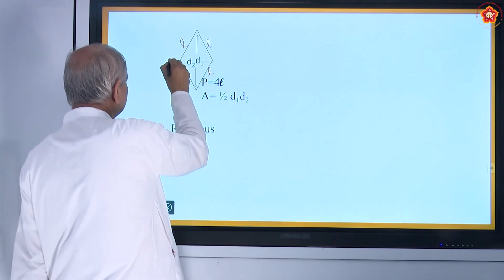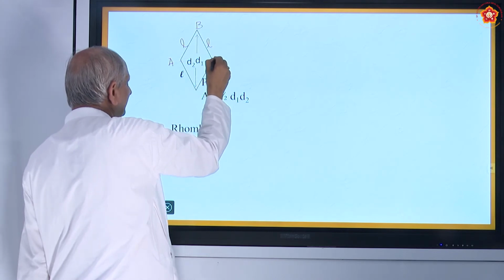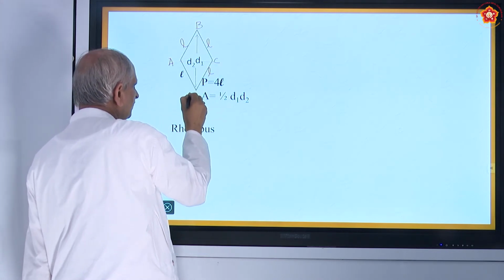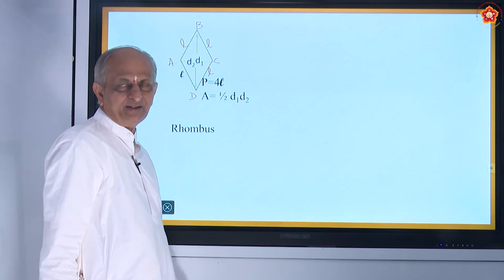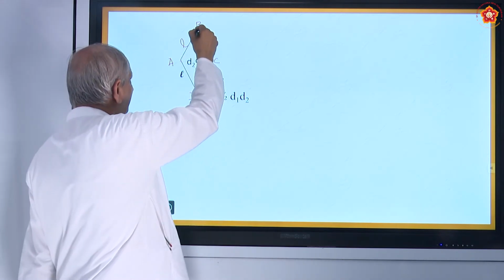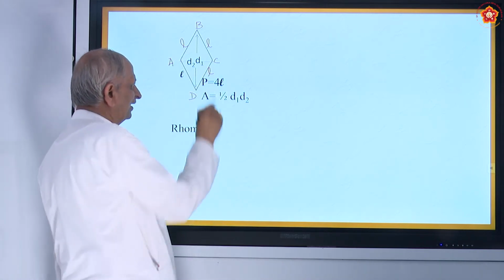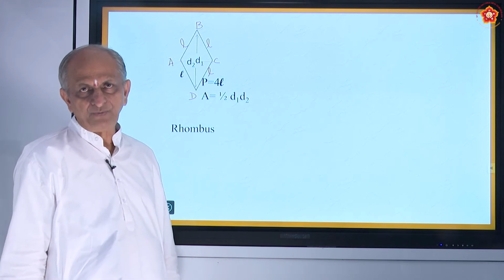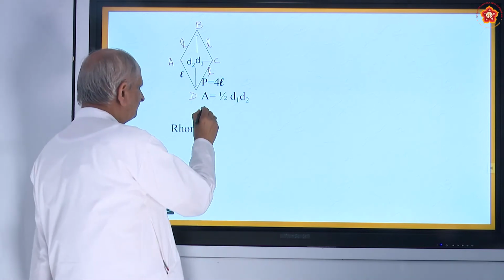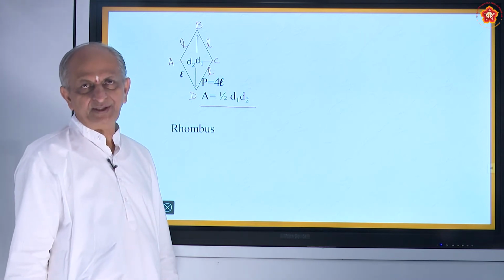What is a diagonal? A diagonal is a line segment joining the opposite vertices. For example, here BD is called one diagonal, and AC is called another diagonal. So the area of a rhombus is given by the formula A is equal to half D1 D2.